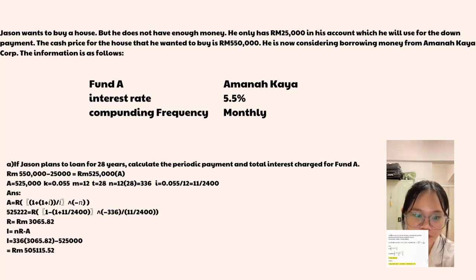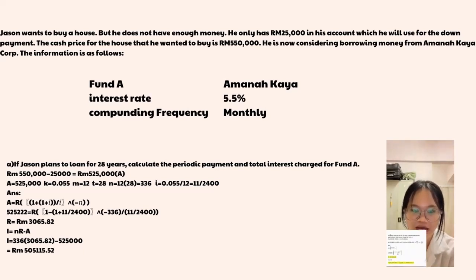A equal R, open bracket, 1 minus 1 plus I to the power minus N over I, close bracket, which is 525,000 equal R, open bracket, 1 minus, open bracket, 1 plus 11 over 2,400, close bracket, power minus 336 over 11 over 2,400 and close bracket, which is R equal to RM 3,065 ringgit and 82 cents.